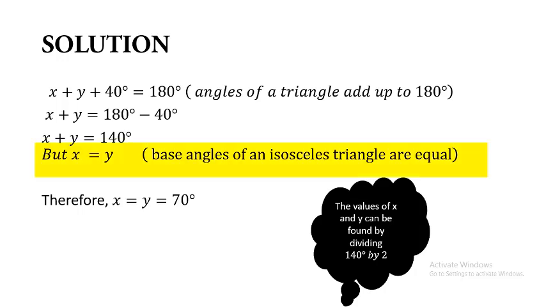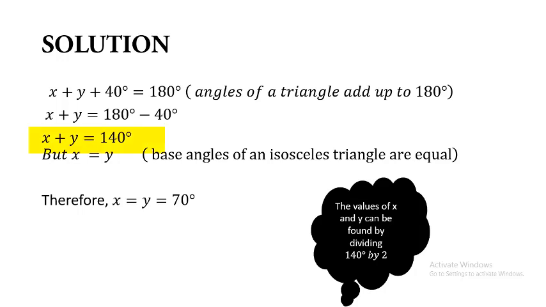But x is equal to y. Why? Base angles of an isosceles triangle are equal. So the angle x is equal to angle y. So this 140 degrees is the size of the two angles.